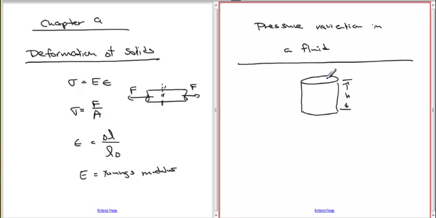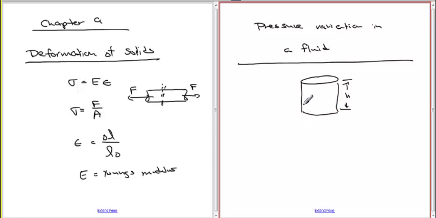And everybody knows that because if you go into water, you start to hurt because of the pressure increase. The pressure increases more rapidly in liquids because the density is much higher. In air, you have the same effect, but it has to be a large height of air to get significant pressure.